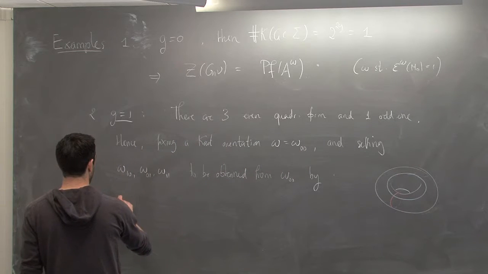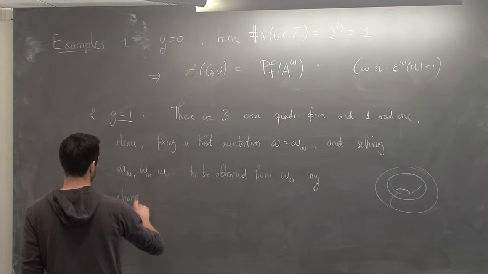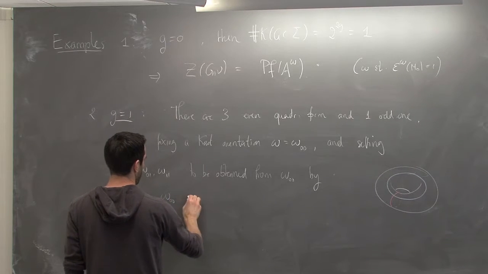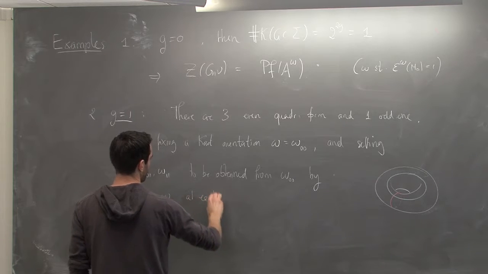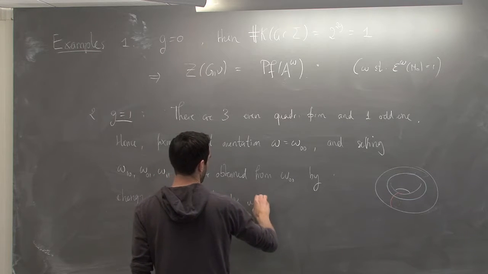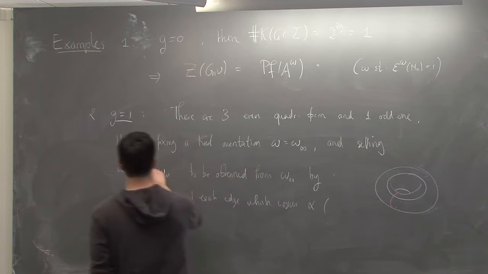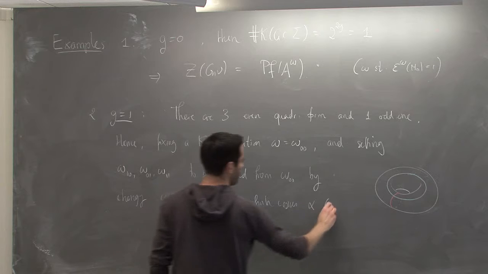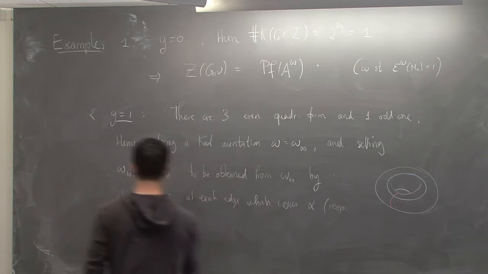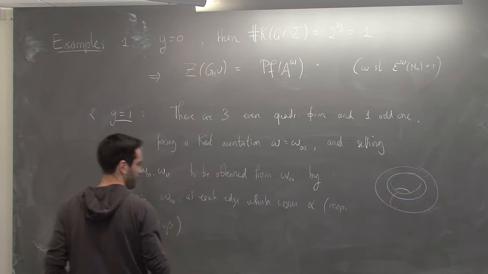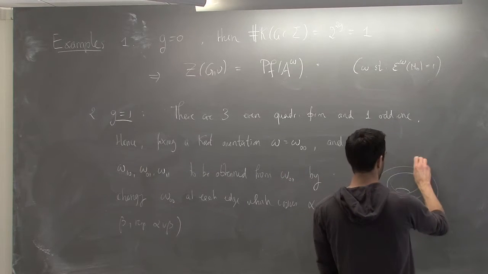So by changing omega 0,0 at each edge which crosses alpha, respectively beta, respectively alpha union beta. That's the trick.